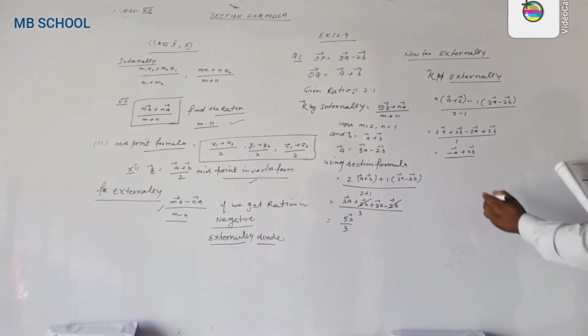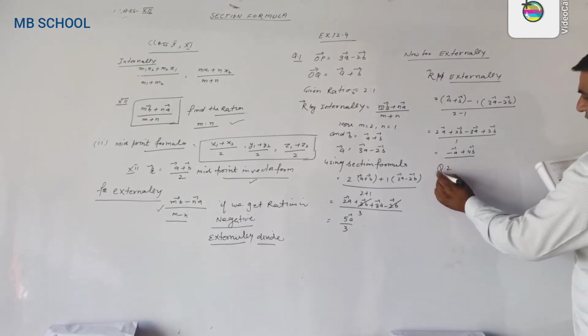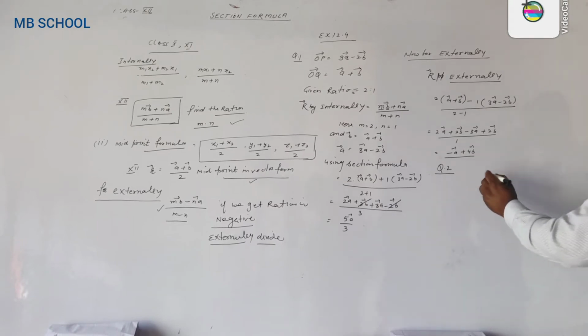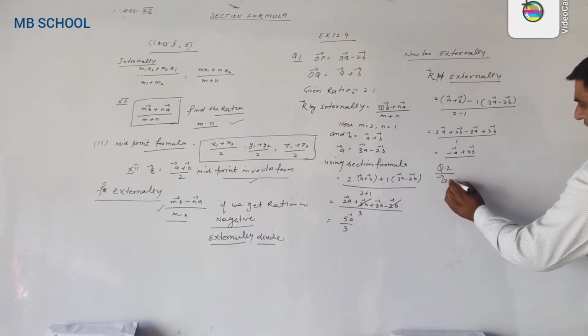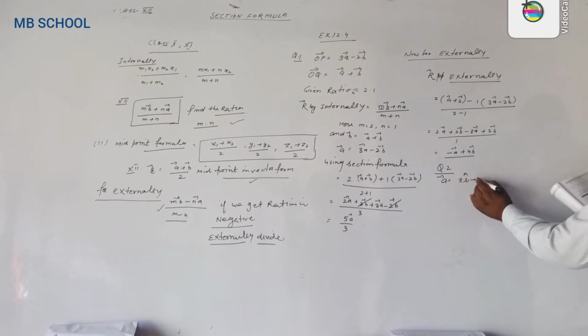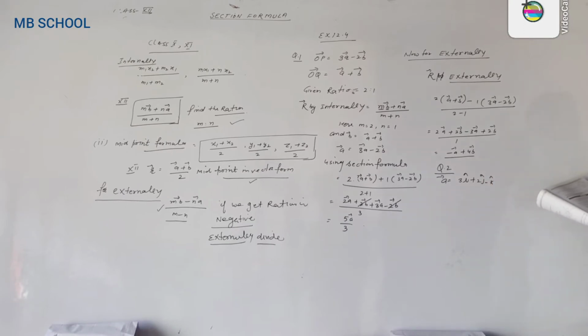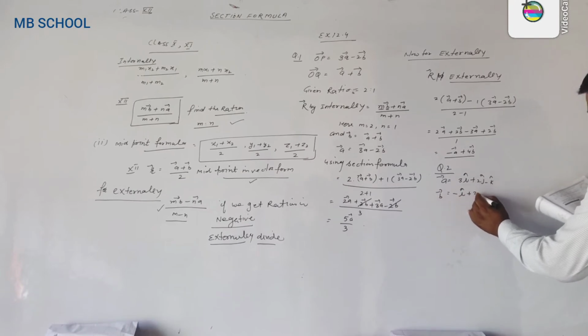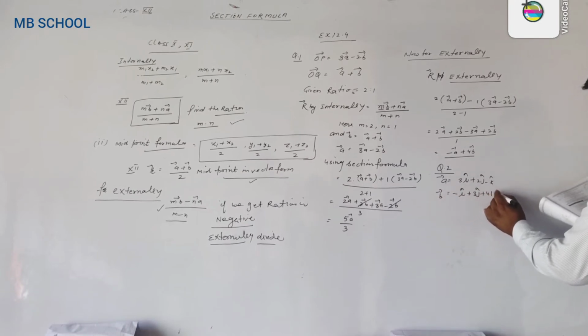Now question number second: find the position vector of a point which divides the joining points' position vectors. Given vector a is equal to 3i plus 2j minus k and vector b is equal to minus i plus 3j plus 4k.